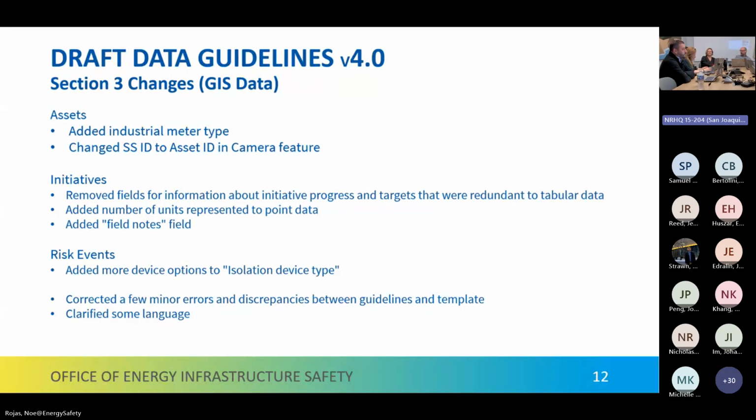So absolutely, we're not going to make guidelines and not have the geodatabase template available. And same for the status report. I do understand that not having it with the draft is probably not ideal, and I did that intentionally to avoid having a draft 4.0 template and then a final 4.0 template, but I think next time we'll have to do better on that.